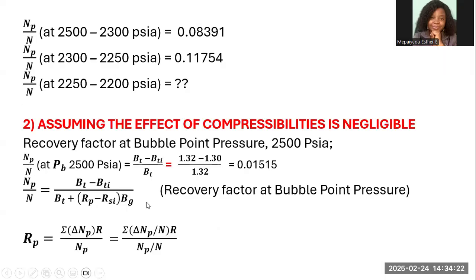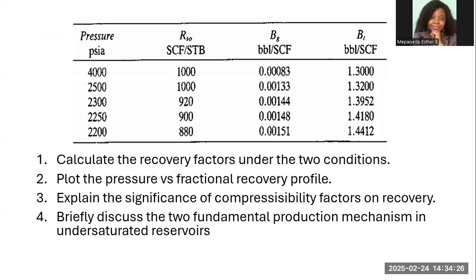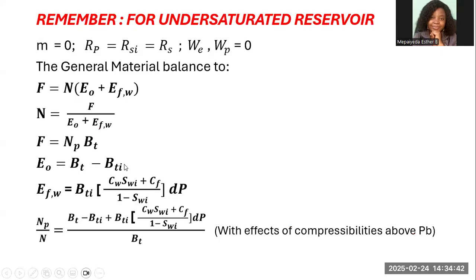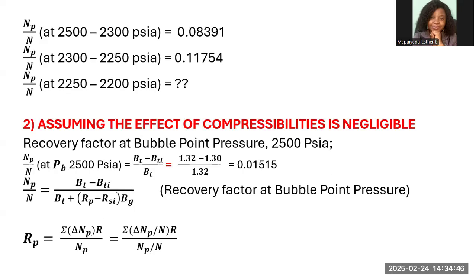Let's go back so that we remind ourselves effectively. Bubble point pressure is 2,500 psi. The pi is 4,000. Bubble point pressure is 2,500 psi. Okay, so you see here 2,000.